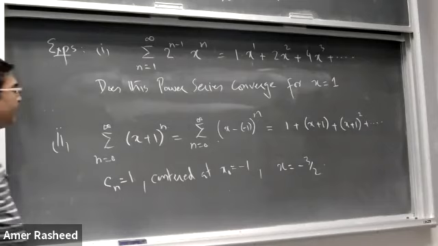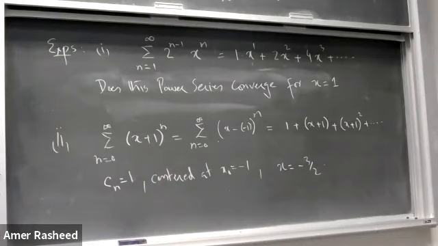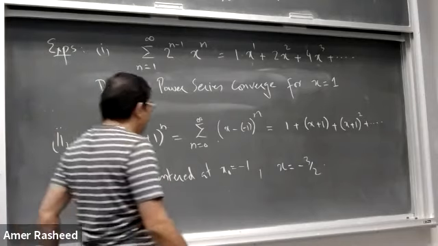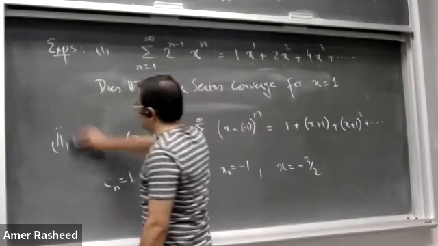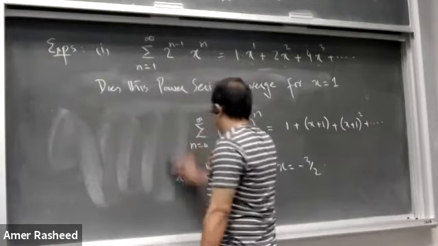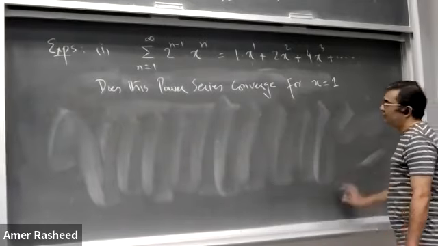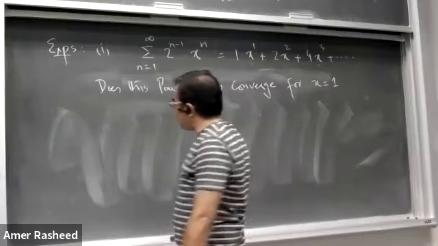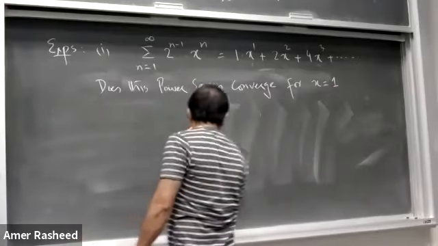As I already told you, if the limit of Sn doesn't exist, then we say that the series is divergent. Now, what is the interval of convergence? It is possible that a series converges for many values of x.